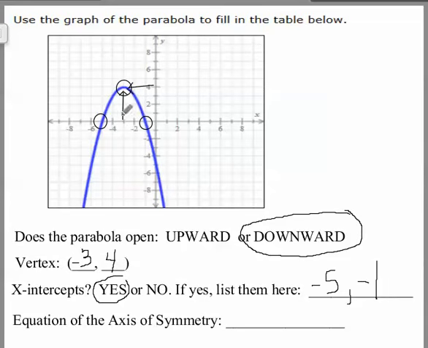So we have two x-intercepts, -5 and -1. Last thing we need is our axis of symmetry. We know our axis of symmetry goes straight down the middle, cutting our graph into two symmetrical pieces. And that cuts through the axis at x equals -3. Again, the axis of symmetry goes through the vertex. Notice our equation is x equals -3, and the x value for our vertex is also -3.